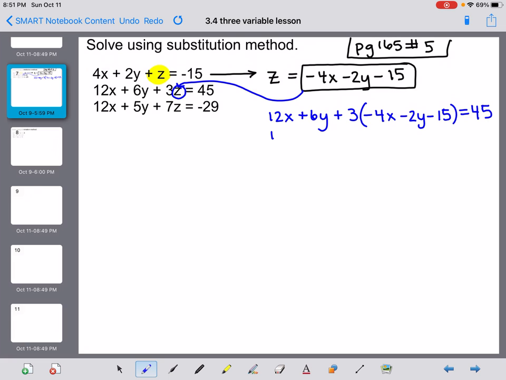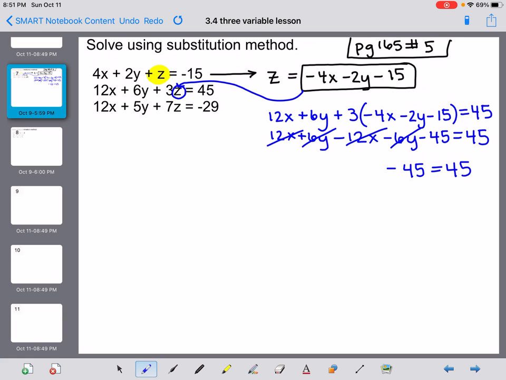So from here I would distribute and clean this up. And then when I go to combine like terms, the x's cancel, the y's cancel, and I'm left with negative 45 equals 45.